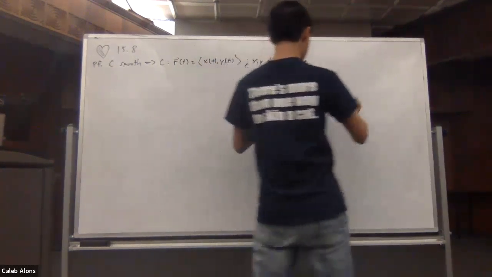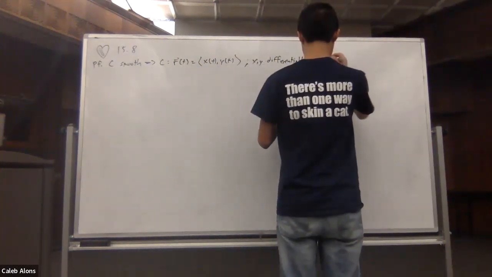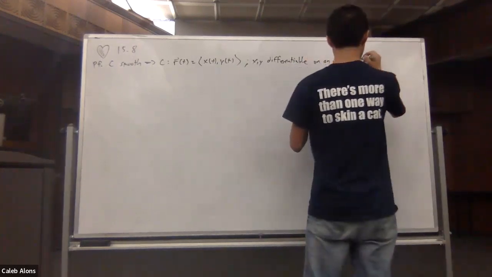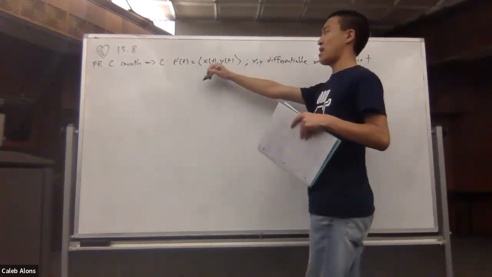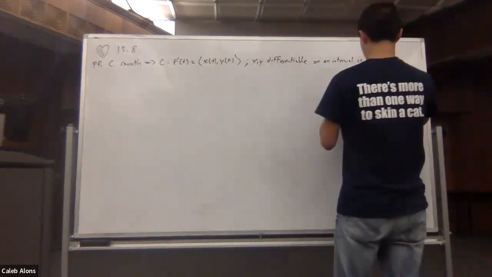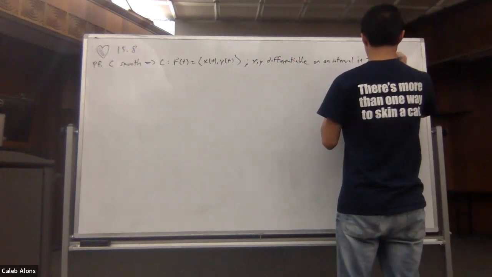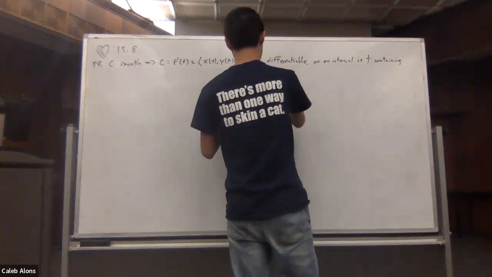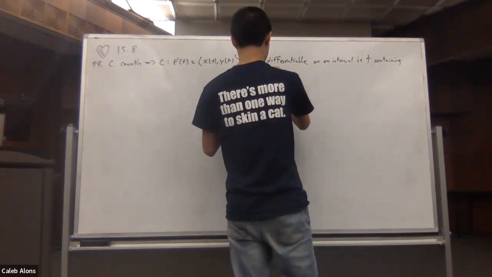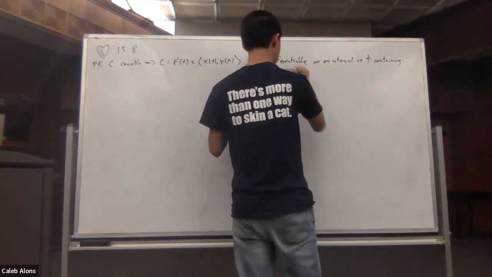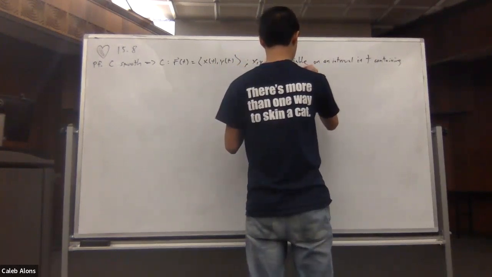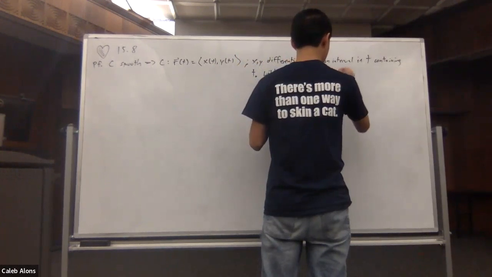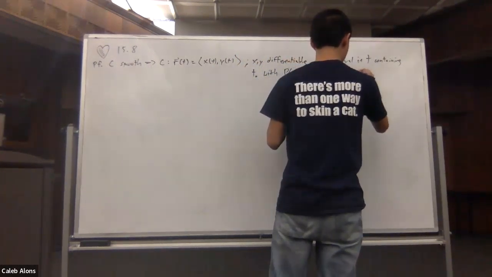And on top of that, they're going to be differentiable on an interval in this parameter variable t, and t is containing some t naught, with the point at the extrema, P a b, found as x of t naught, y of t naught.